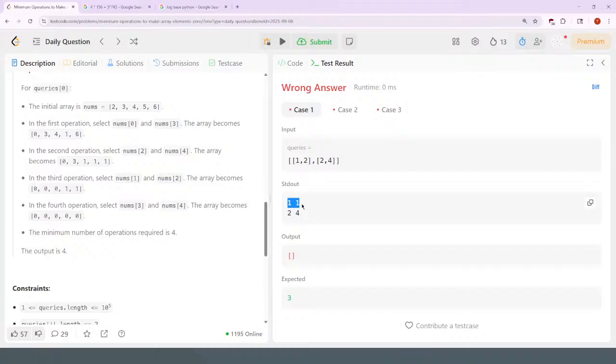So 1, the lowest power 4. Is that what I wanted? Yeah, it needs to be at least the value of that thing. And then 2.